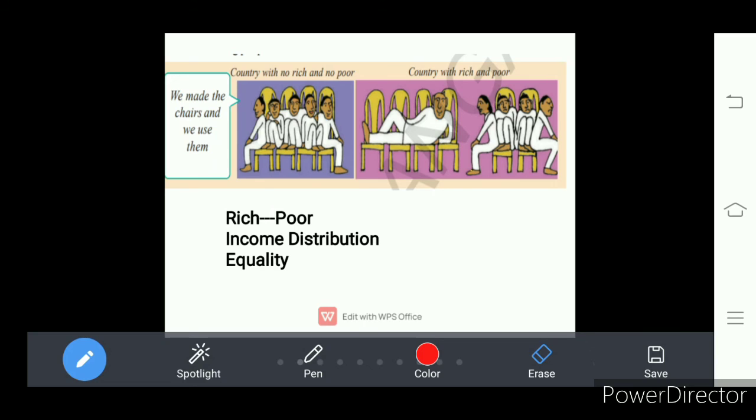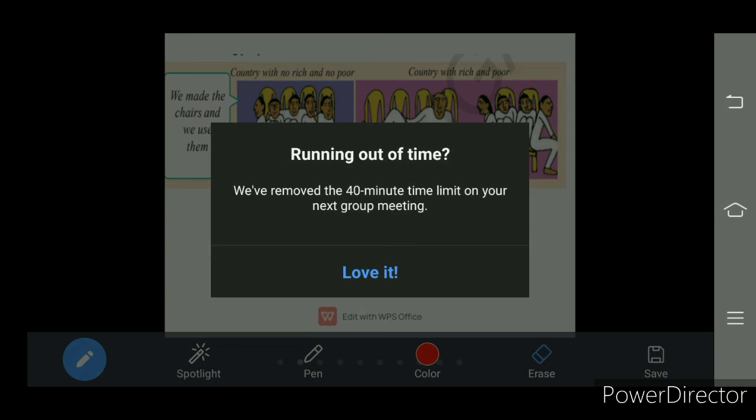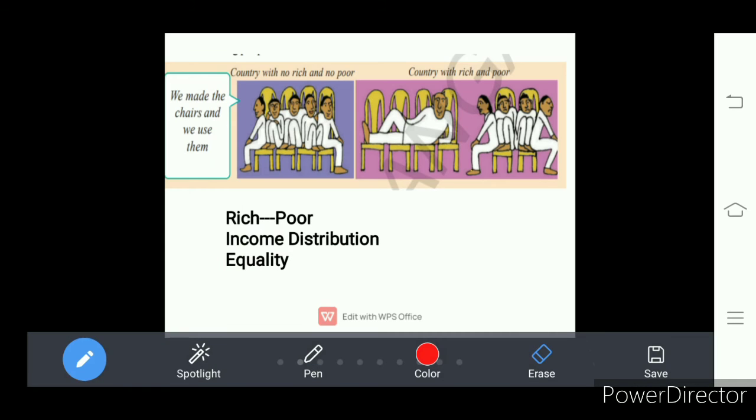Is it the development of one individual, or is it the development of a nation? Definitely it is the development of the nation, right? Then what is meant by nation? It is not boundaries, it is people, right? People of that nation.